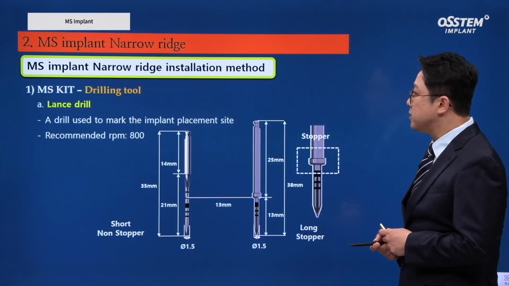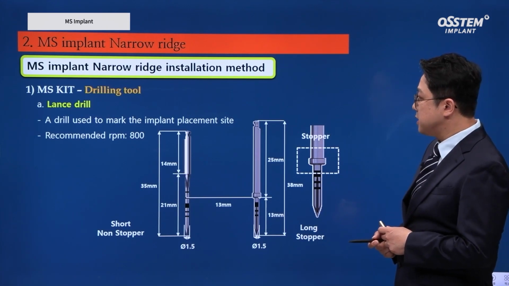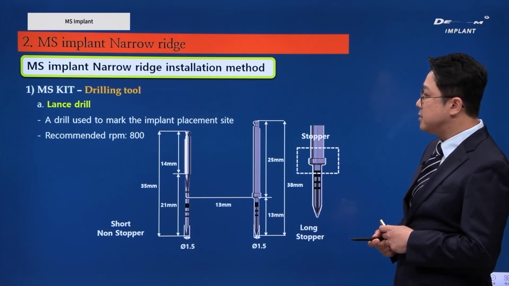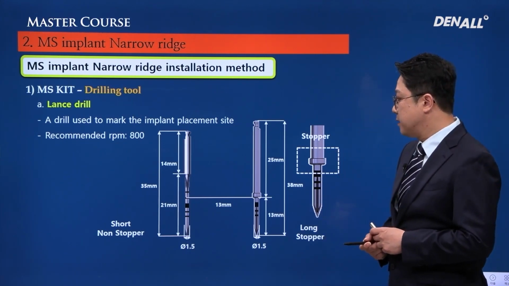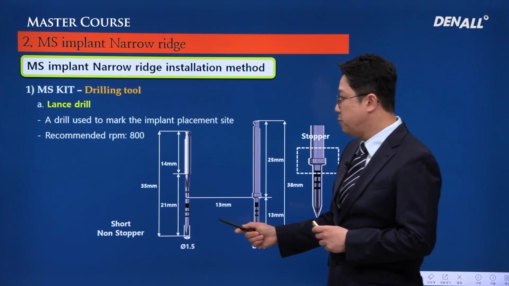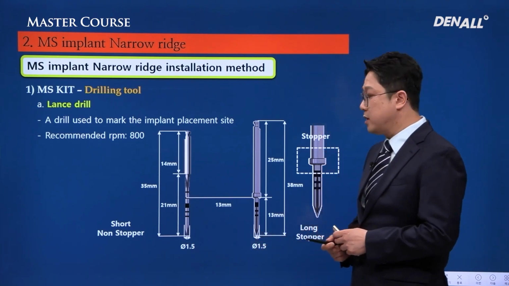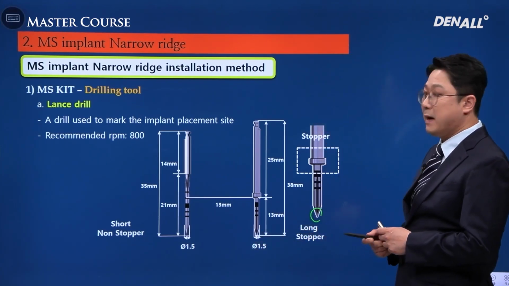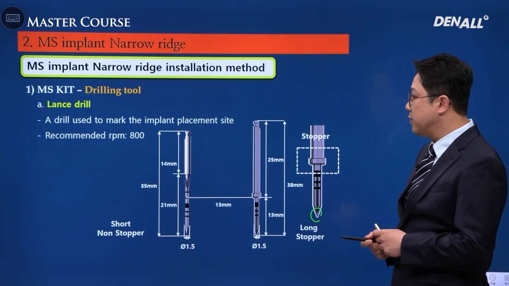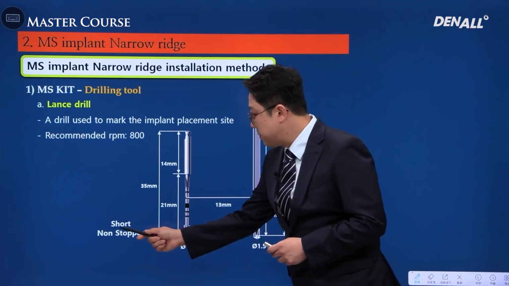Looking at different components, the drilling tool consists of lance drill. This is also included in 1-2 taper kit. It's used to mark the area of implant placement. The tip is pointy, so you use it for marking.